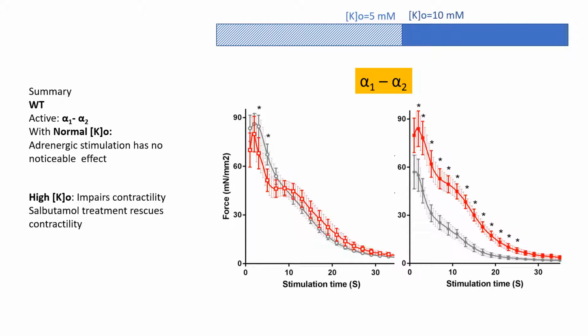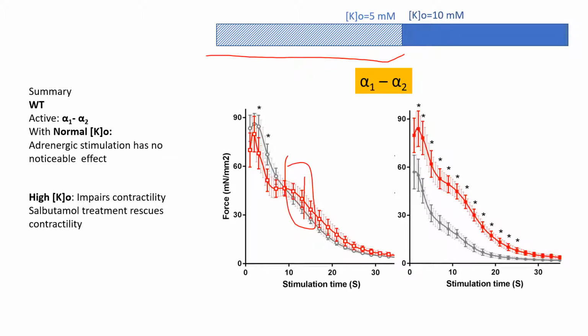So in wild type without ouabain, where we have alpha 1 and alpha 2 as active isoforms, with a normal concentration of extracellular potassium, adrenergic stimulation has almost no noticeable effect. Compare red versus gray here.